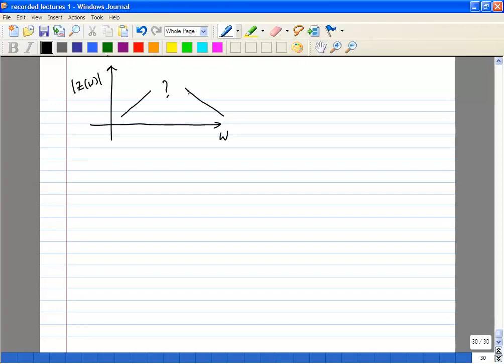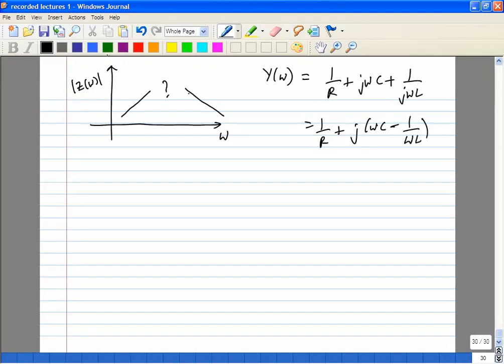So let's say you try to calculate the admittance Y of omega. That's 1 over R plus j omega C plus 1 over j omega L, which is 1 over R plus j times omega C minus 1 over omega L. So at resonance, the admittance is completely real, and let's call the resonant frequency omega naught.